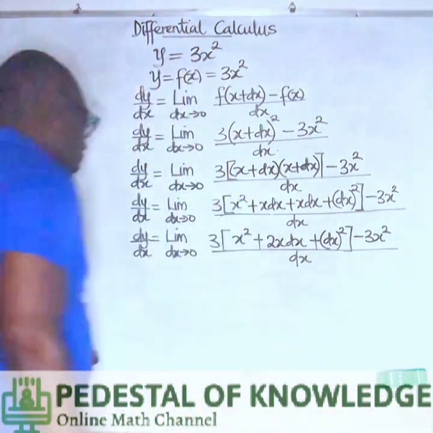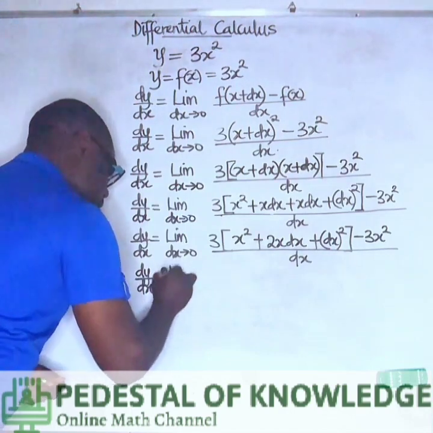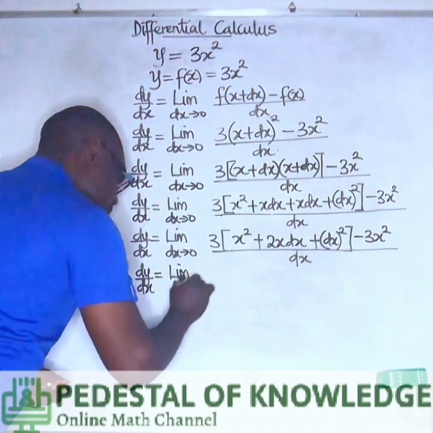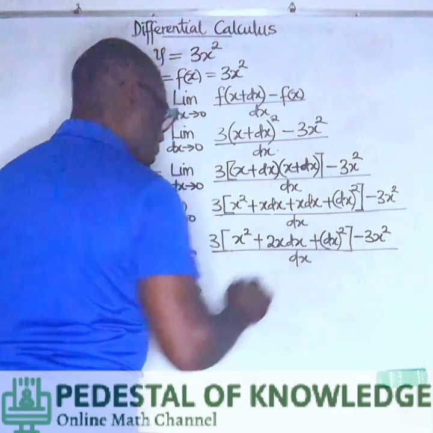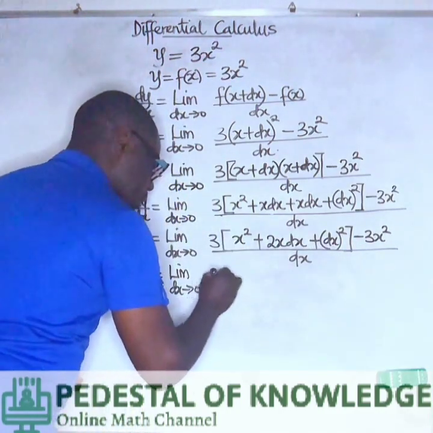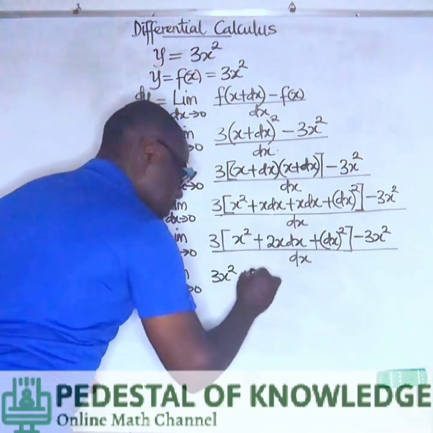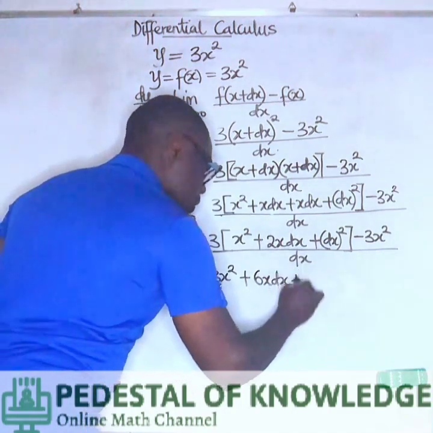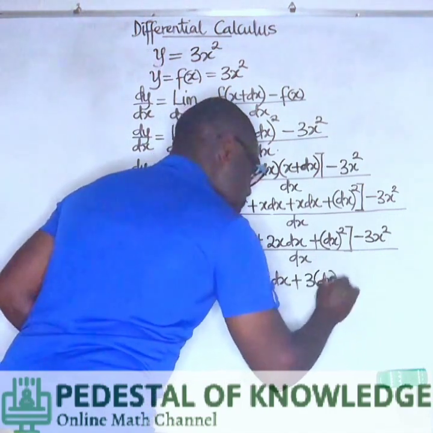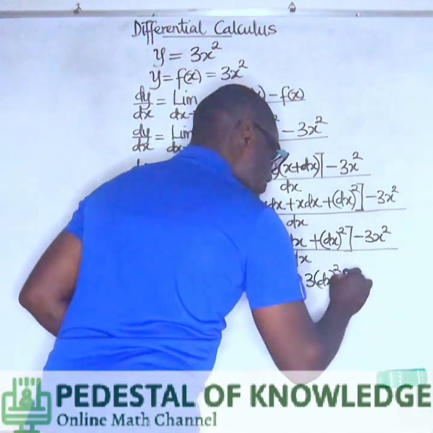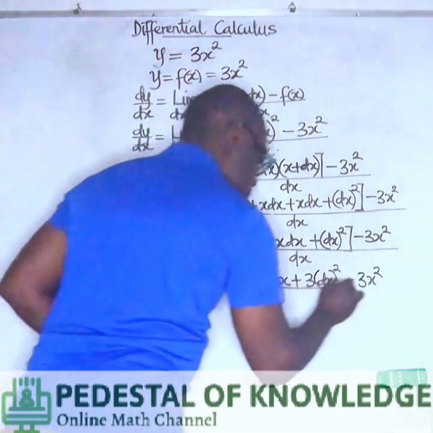Now dy/dx is equal to the limiting value as dx approaches 0 of, we're going to use this 3 to multiply everything in this bracket. So 3 times x squared will give us 3x squared, plus 3 times 2x dx will give us 6x dx, plus 3 times dx squared will give us 3 dx squared. Then minus 3x squared, that is this one, divided by dx.